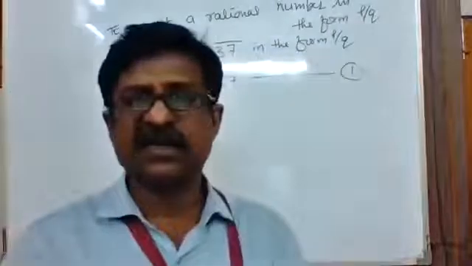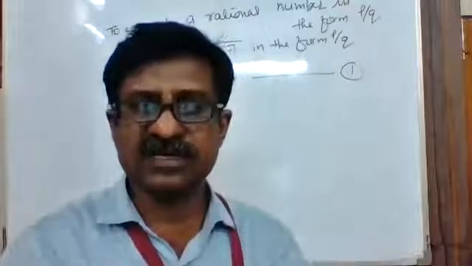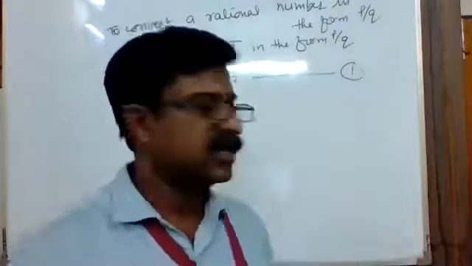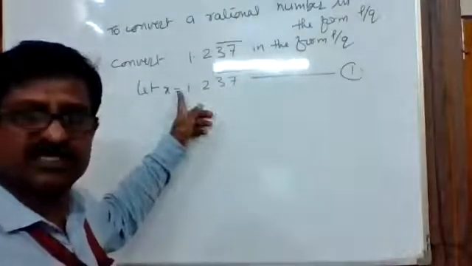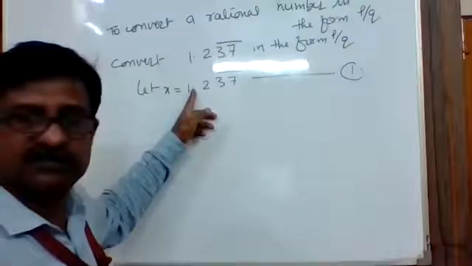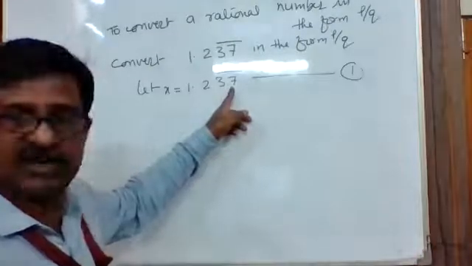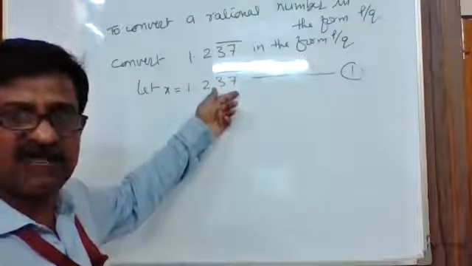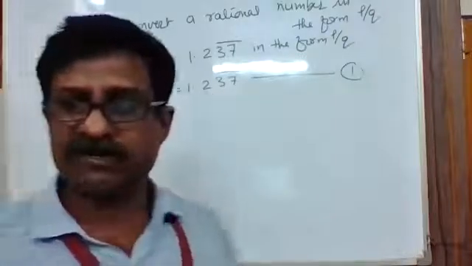After that, as I said, we have to see how many digits after the decimal don't have the bar. Not before the decimal, after the decimal. We got a total of 3 digits, 2, 3, 7. Out of these, 3 and 7 are having the bar, and there is only 1 digit, 2, which is not having the bar.